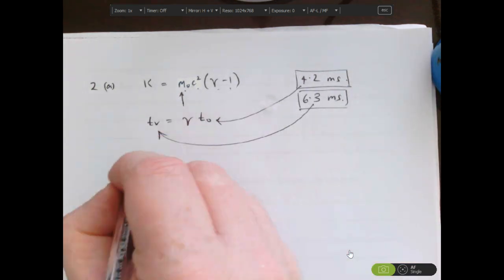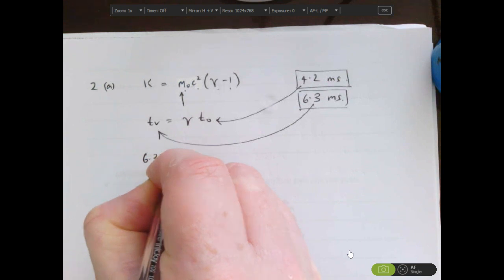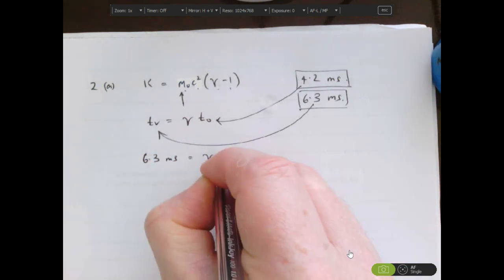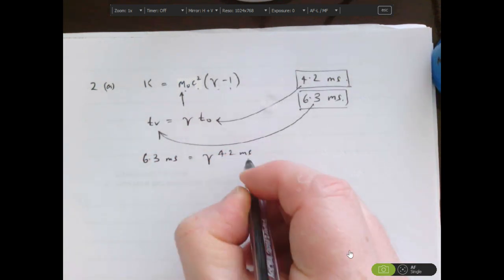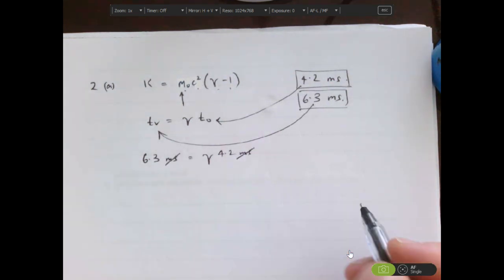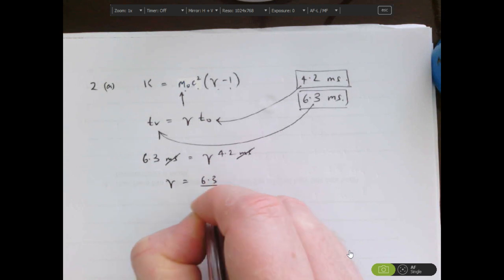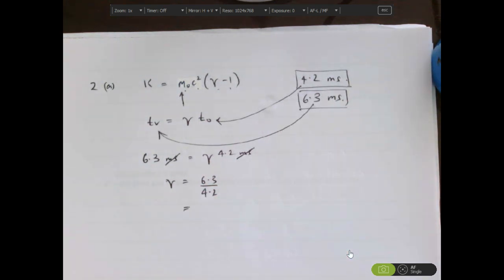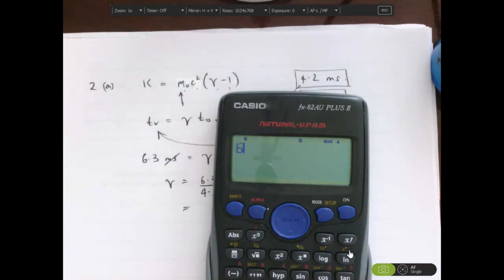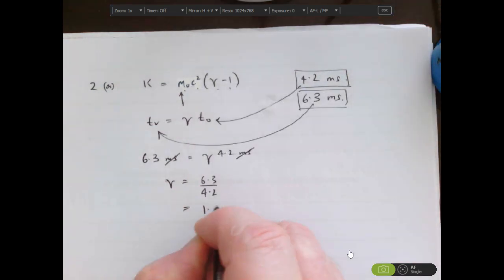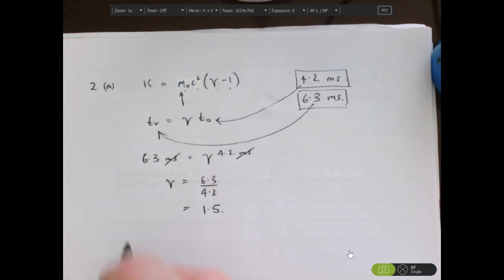So 6.3 milliseconds is equal to gamma times 4.2 milliseconds. The milliseconds cancel, and therefore gamma equals 6.3 on 4.2, so gamma is 1.5.